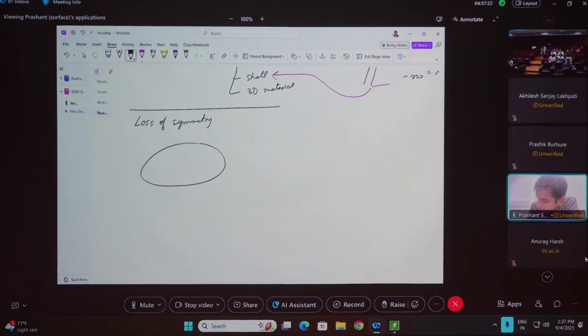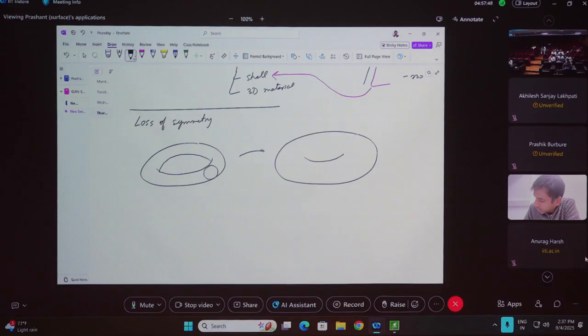So what we have assumed is that we've got this torus. I need to draw maybe a nicer one. So we've got this torus with a circular cross section, and upon inflation, it becomes another torus, maybe with a not circular, but some different type of cross section.